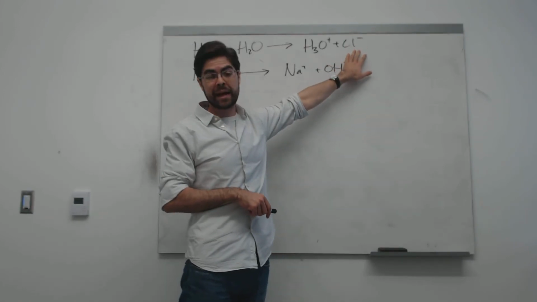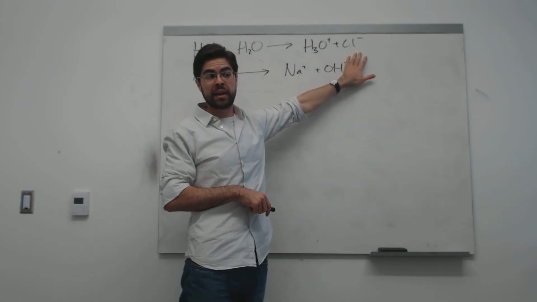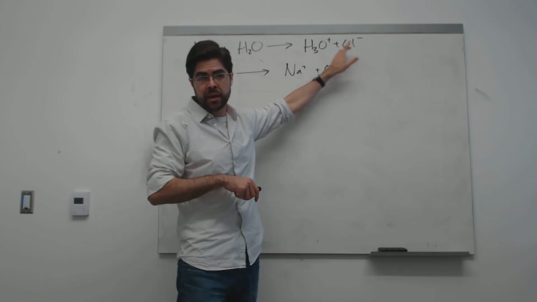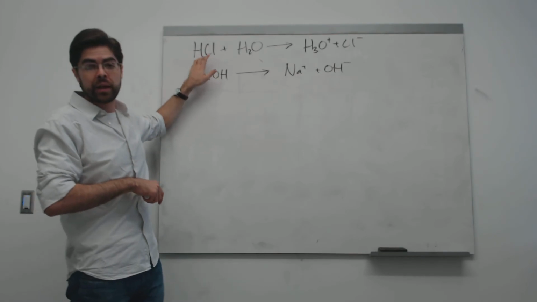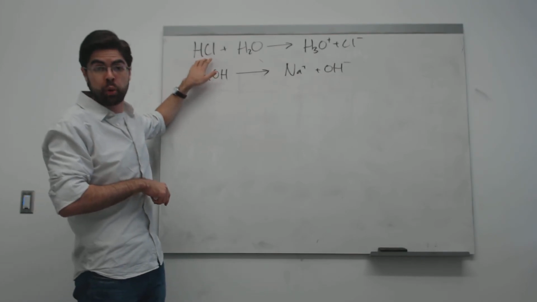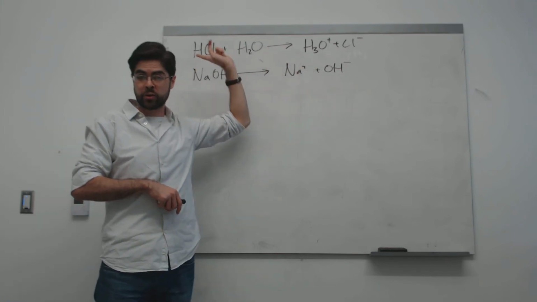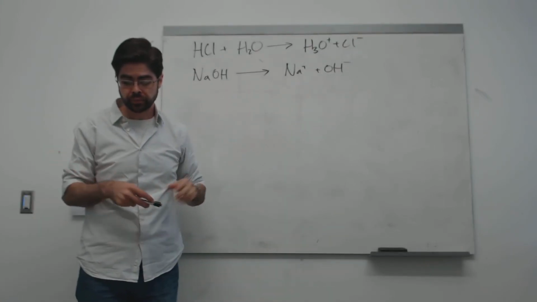So chloride is not an acidic compound. It's not a basic compound. It's the conjugate base of HCl, but it is an exceptionally poor base. Poor in the sense that, again, this backwards reaction just doesn't occur.